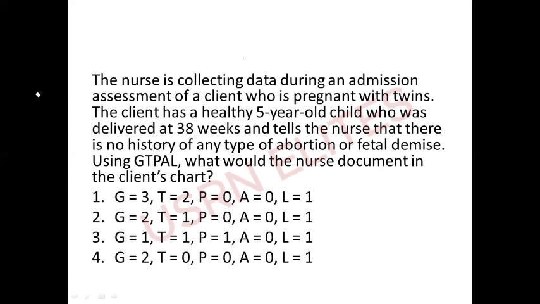Then parity. Then preterm. You said P is for preterm. She doesn't have a preterm because the 5-year-old was delivered at 38 weeks, so the baby is not a preterm. Then the A is the abortion. She doesn't have any abortion. Then the life: she has one baby who is alive.